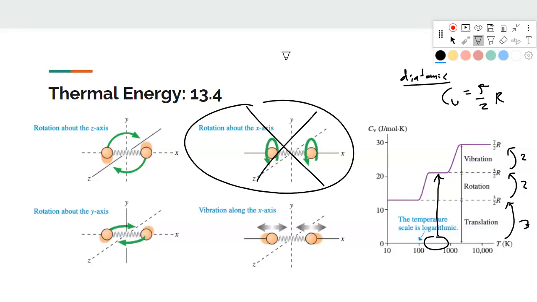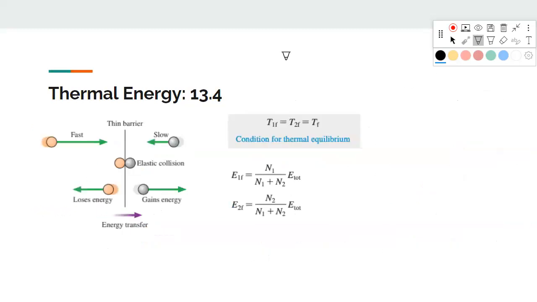And that's just because molecular bonds are very stiff springs. And so it takes quite a bit of energy to cause them to compress and expand. And so that can only be achieved if you're at a few thousand Kelvin. And by that point, the molecules themselves tend to start to turn into a plasma. So the viability range of the 7/2R is very limited for the constant volume heat capacities. Okay.